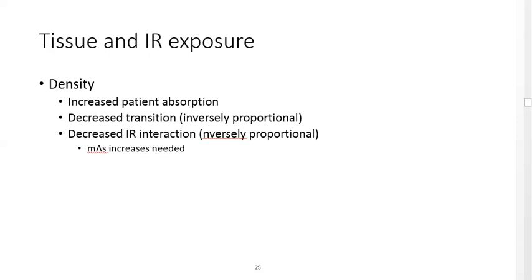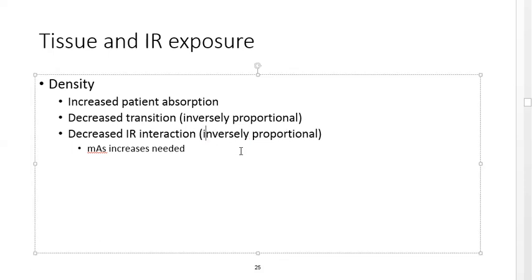So again, we get a decrease in what transitions through the patient, and since that decreases, we get a decrease in image receptor interaction. And again, it's inversely proportional. As density goes up, image receptor exposure goes down.